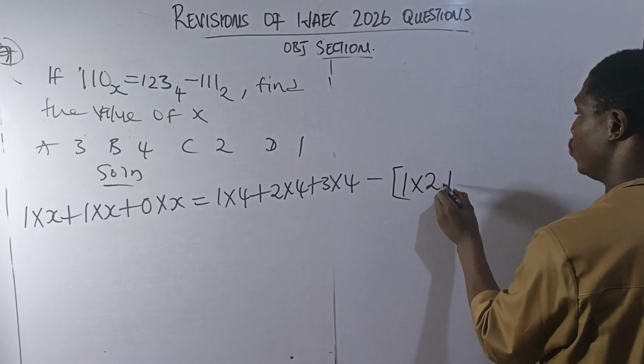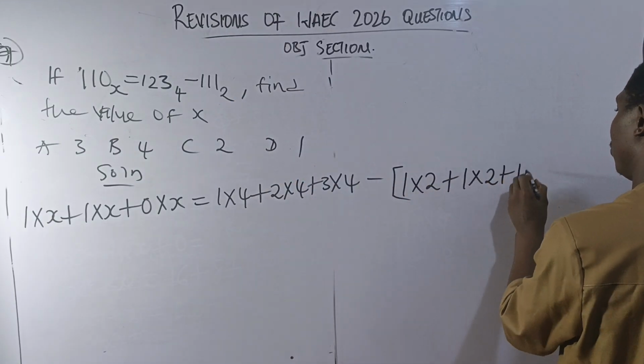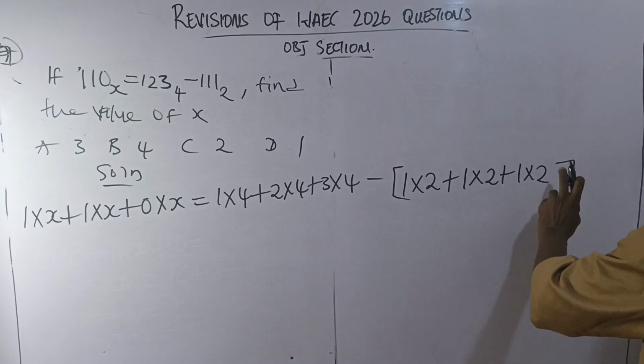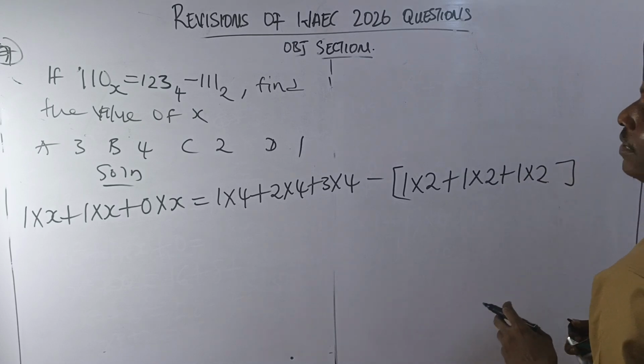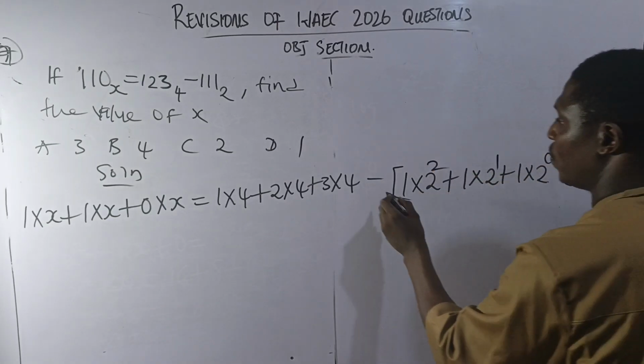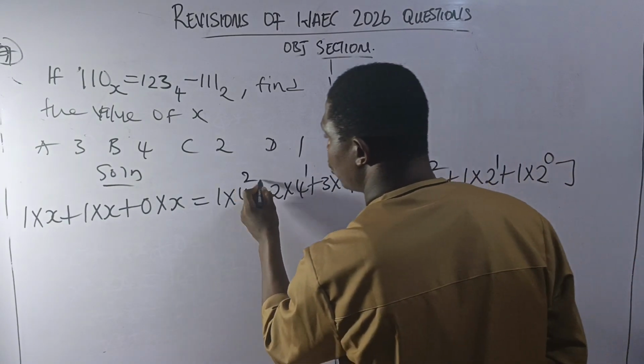I'll have 1 times 2 plus 1 times 2 plus 1 times 2. Then I'll start to assign my integers to the bases, and I'll start from 0. This is 0, 1, 2. Start all over, 0, 1, 2.